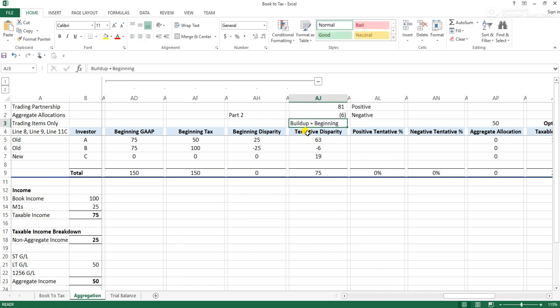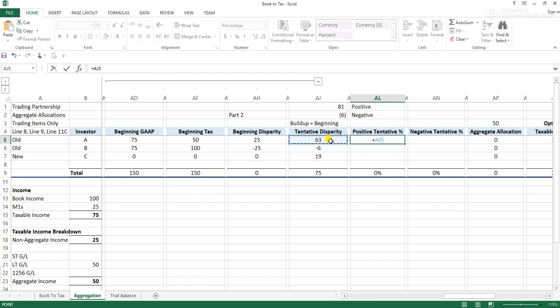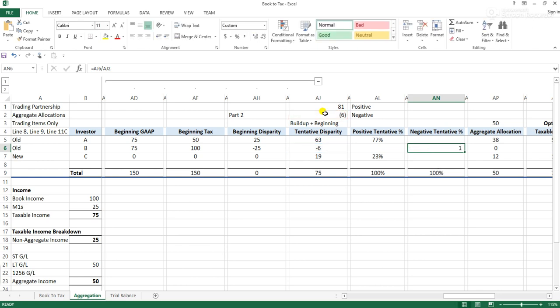So we split tentative into positives and negatives. In this case, the two positive numbers equal $81. The negative is -6. And what we do is derive a percent based on the positives and negatives. So 63 over 81, and then 19 over 81, and negative is going to be -6 over -6.